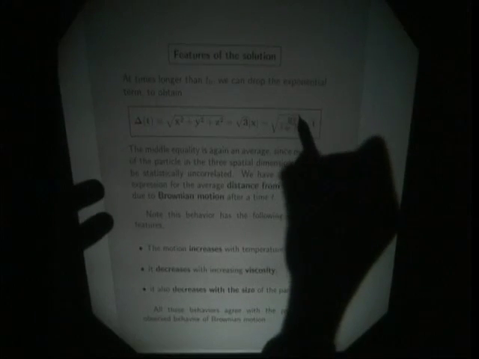But in long times compared to the typical time for collisions of the speck with water molecules, the solution simplifies very greatly, and you find that the typical statistical average of the distance traveled by the pollen speck is proportional to the square root of the time, exactly in accordance with observations, proportional to the square root of the temperature.